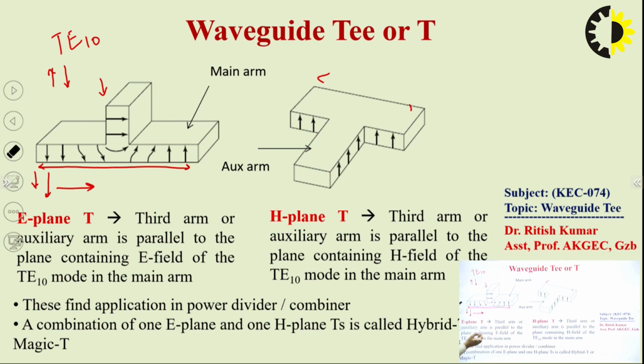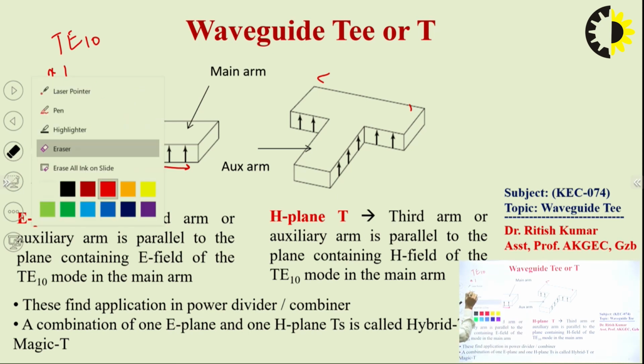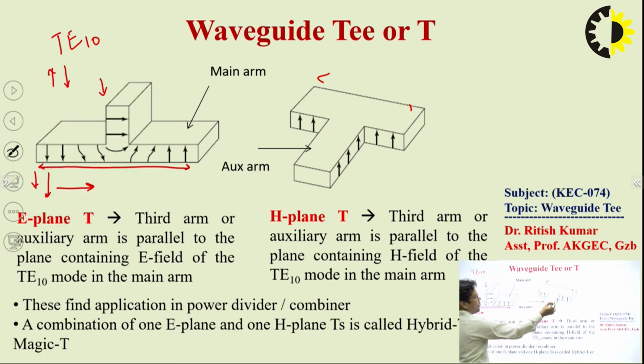Here the auxiliary arm is perpendicular to the direction of the electric field. In that condition, the secondary arm, the auxiliary arm, is attached in the H-plane direction, so this tee is known as an H-plane waveguide tee.